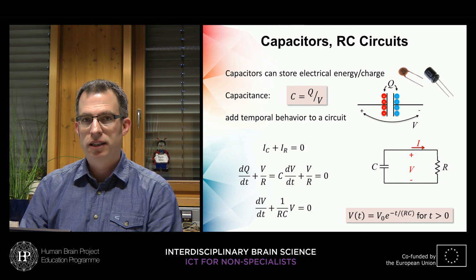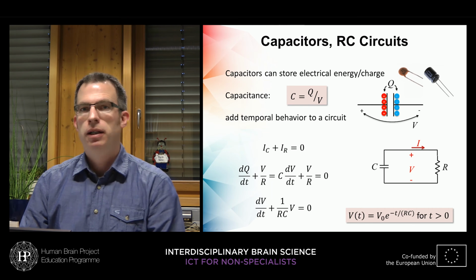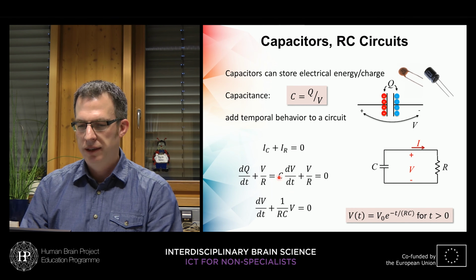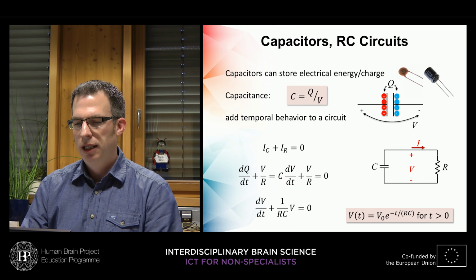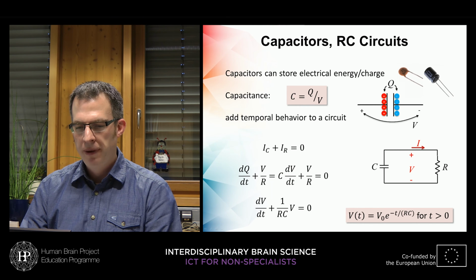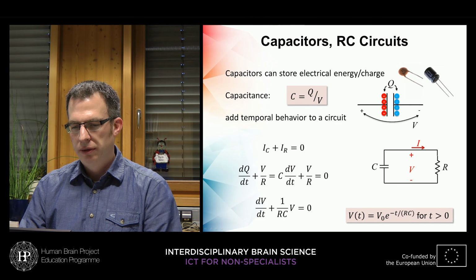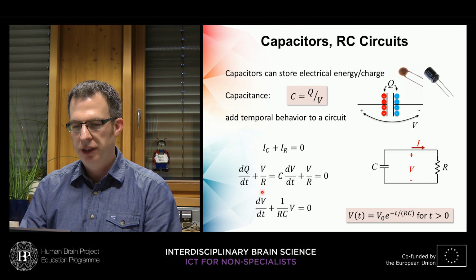And this, since the capacitance is always constant, can be written as capacitance times time derivative of the voltage across the capacitor plus voltage over R. And that's 0. And we can rearrange this a bit to have this simple differential equation down here.